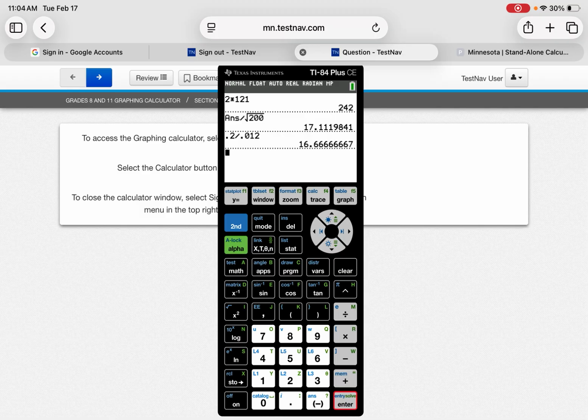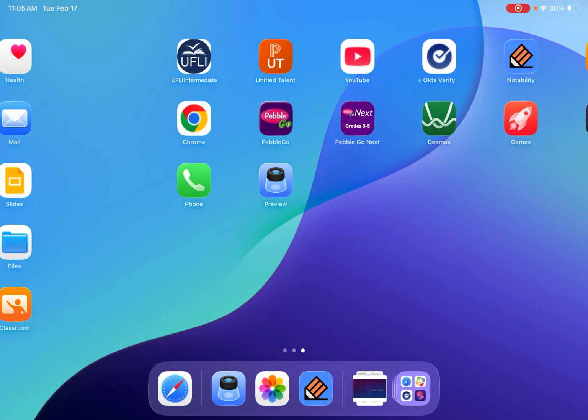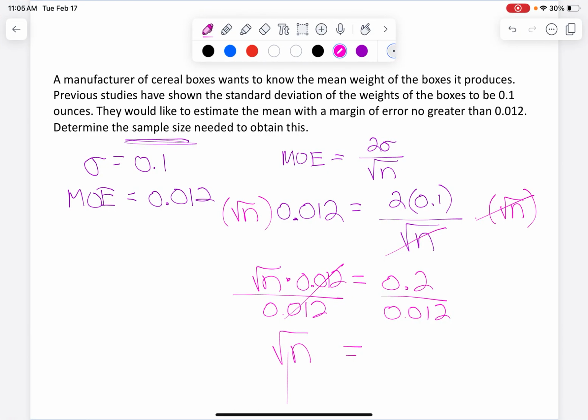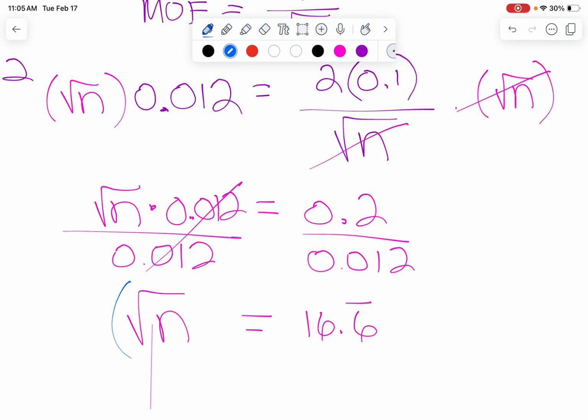Okay, so I would want to take that squared. I want to square both sides. So what would that give us? 277.7. Okay, let's write that information on our note sheet. Okay, so this was 16.6 repeating, right? So like I said, in order to solve this, you'd want to square this to get rid of the square root.